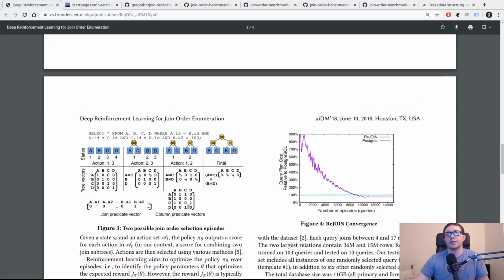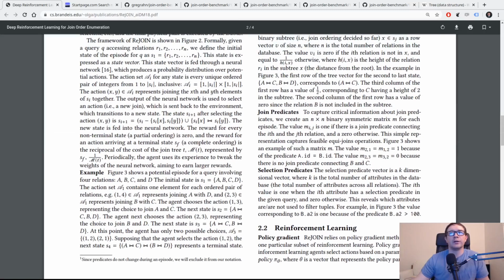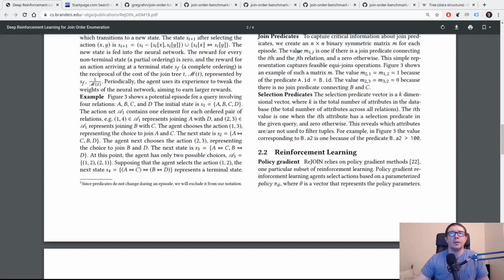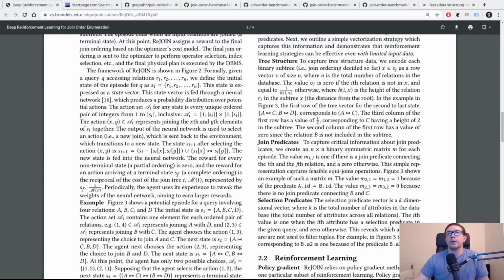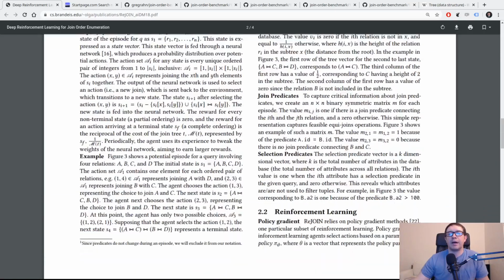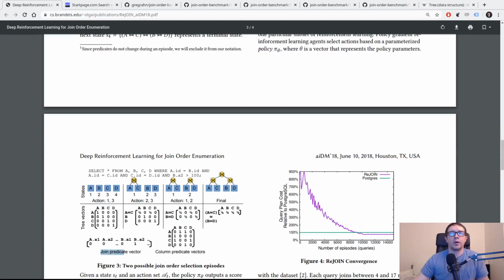Okay, so what do they call it here? They call it join predicates, but then down here they call it column predicate vectors. So they're calling it a different thing. The meaning is clear based on what you read, but it is not at all clear. And in fact, it's actually backwards. So this says join predicate, and this is the join predicate.